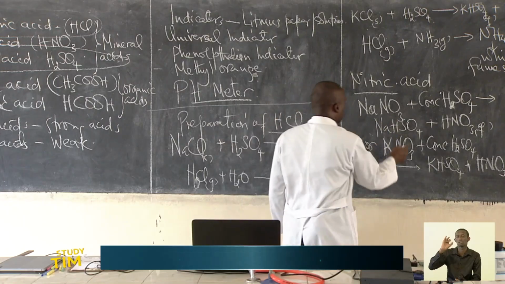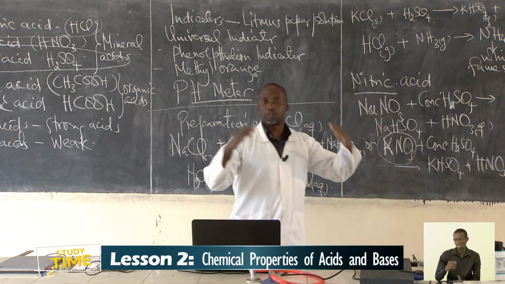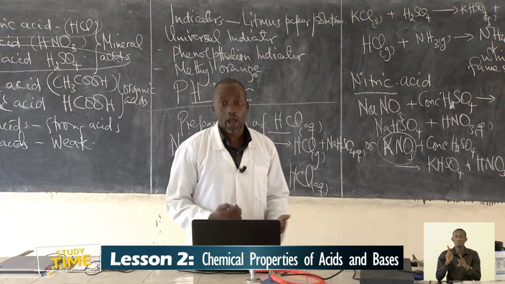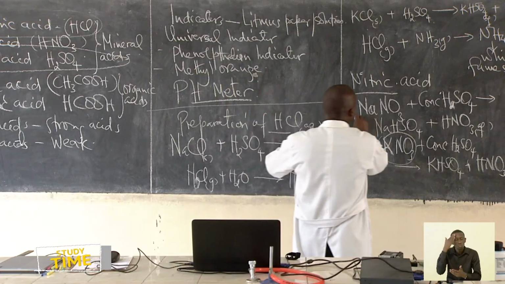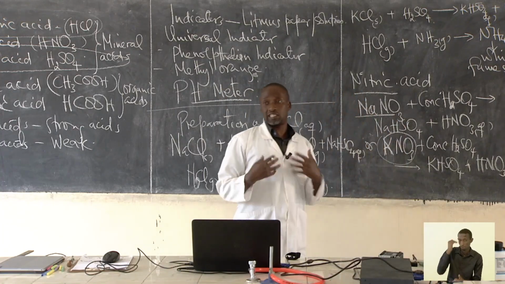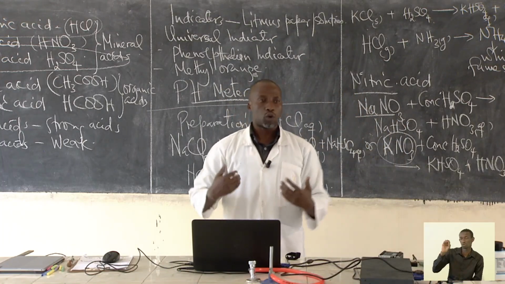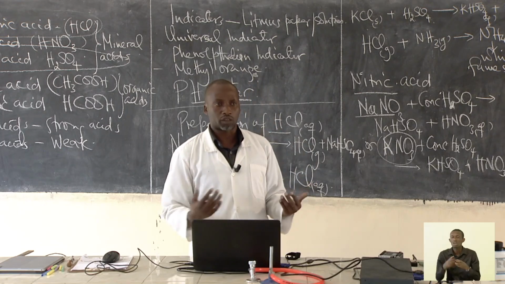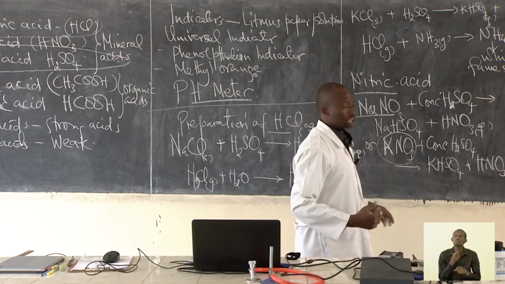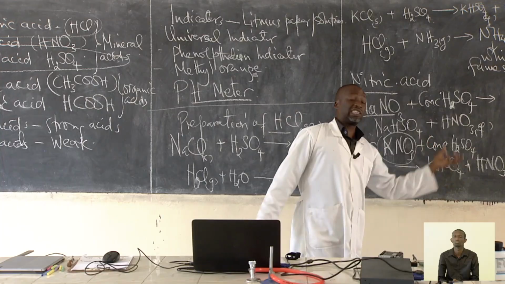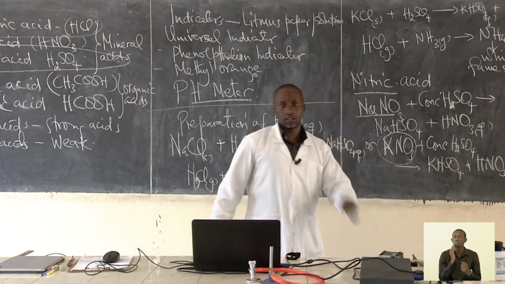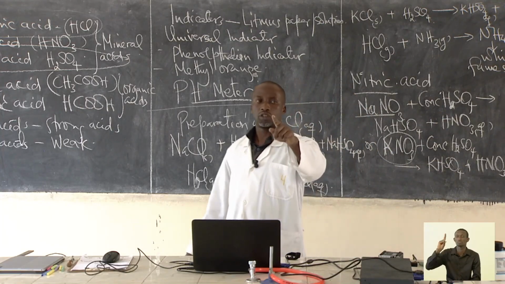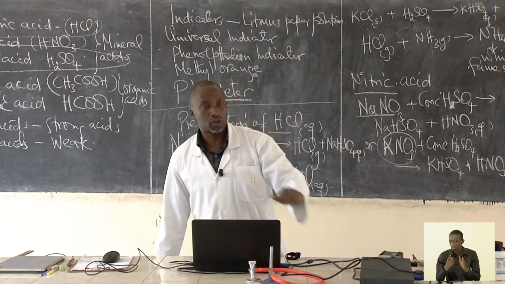Remember, potassium nitrate is mostly preferred. Why? Because sodium nitrate is hygroscopic. It can absorb water from the atmosphere. And what does that mean? When it absorbs the water, it dilutes the acid, and one of the conditions that I mentioned is that the acid must be concentrated.